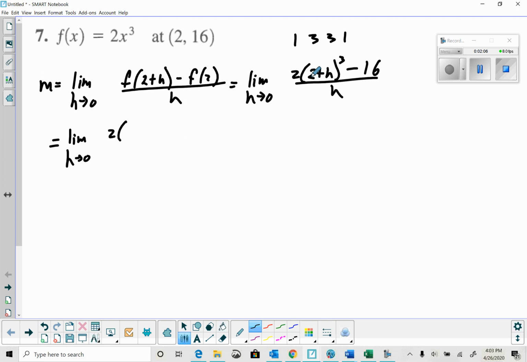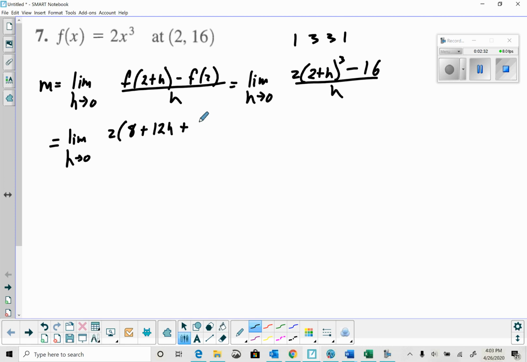So the first one here, a, in this case is 2. 2 cubed is 8. Plus, now we have to take 3 times 2 squared times h. Now hold on, I can write that a little bit better, can I? 2 squared is 4. 4 times 3 gives me 12h.